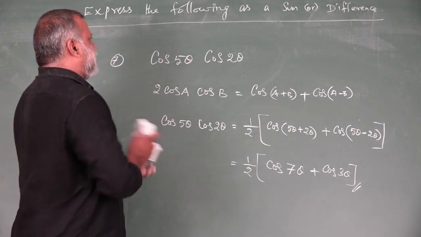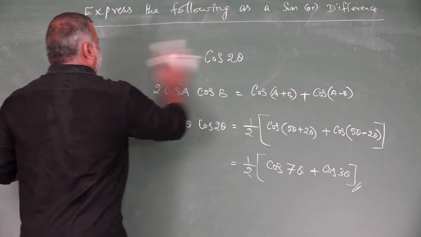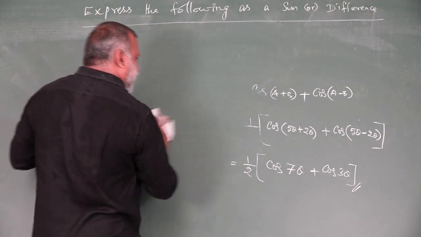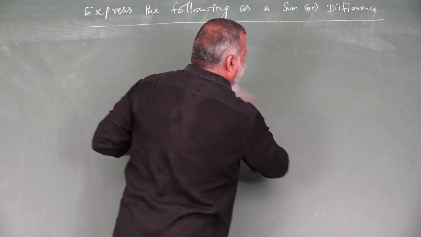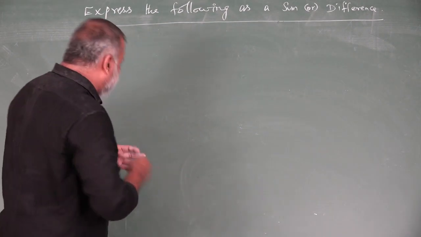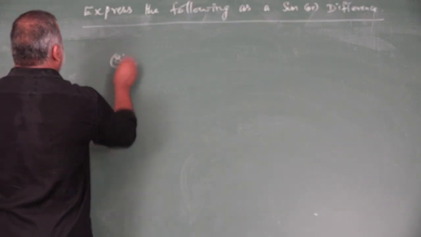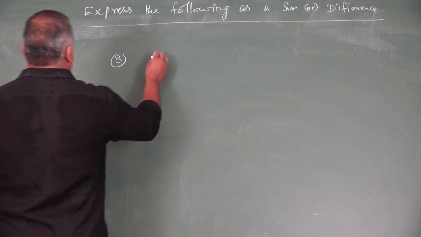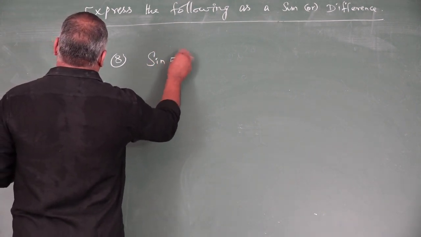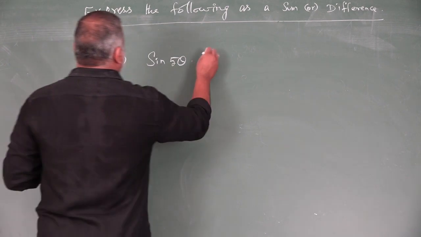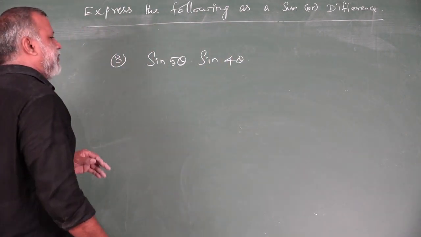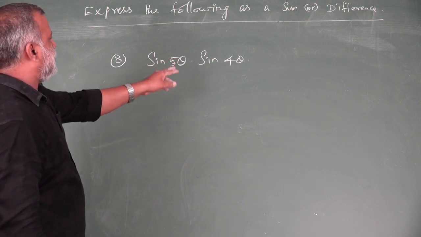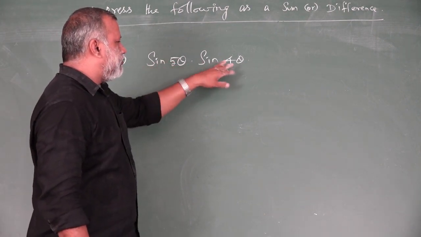So the concept is that all the given questions are in the form of a product. The result must be in the form of either sum or difference. Sum means addition, difference means subtraction. One more question we are having: sin 5 theta, then sin 4 theta. Sin 5 theta, product sin 4 theta.